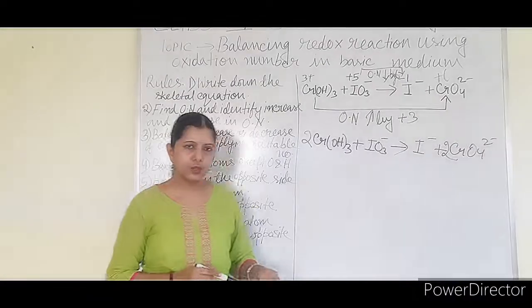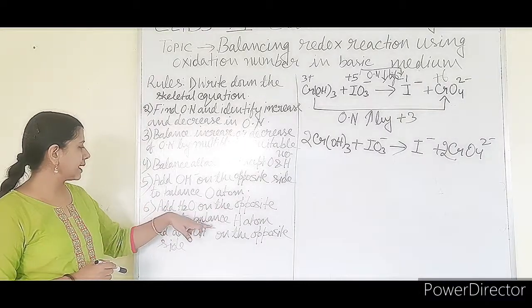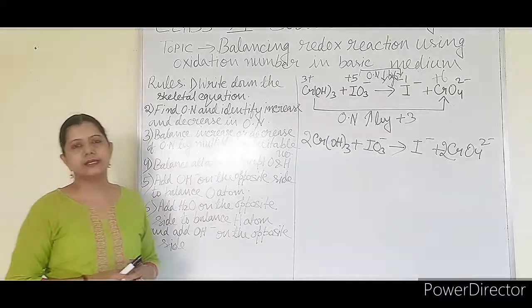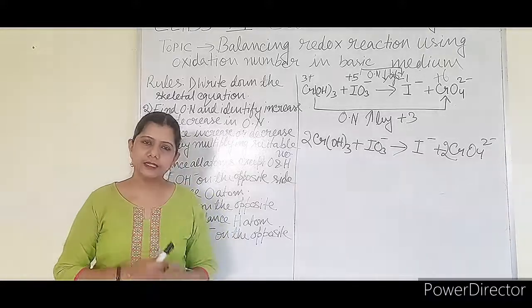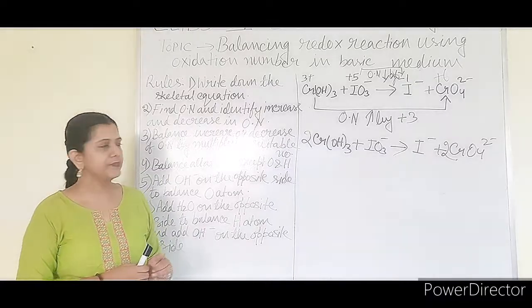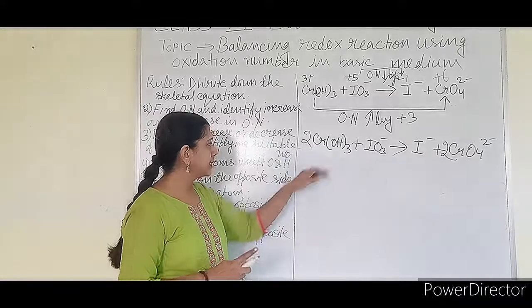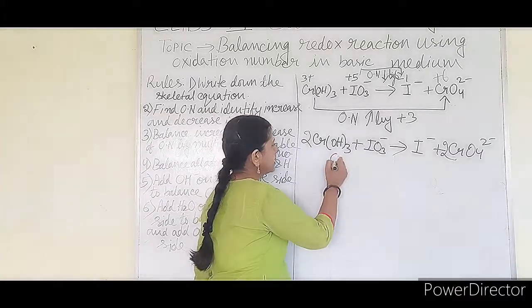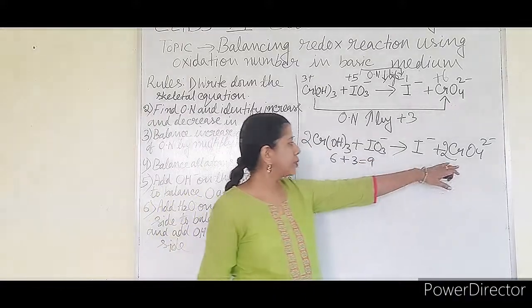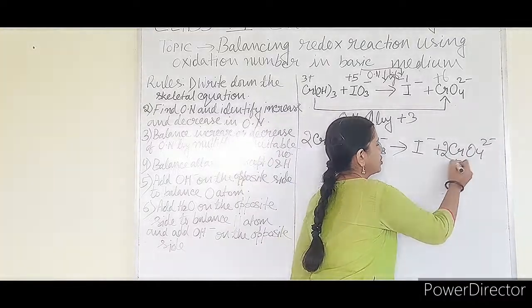So what was the rule? The rule was to add OH negative on the side deficient in oxygen. Where there is a deficiency of oxygen, I am going to add OH negative ion. How many oxygens are there on the reactant side and product side? On the reactant side, 3 into 2, 6 plus 3, that means 9 oxygen. On the product side, 2 into 4, that means 8 oxygen.